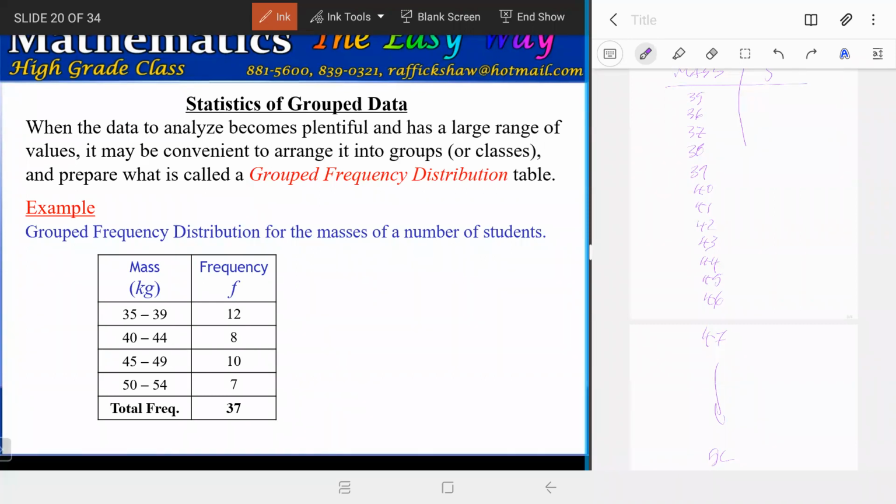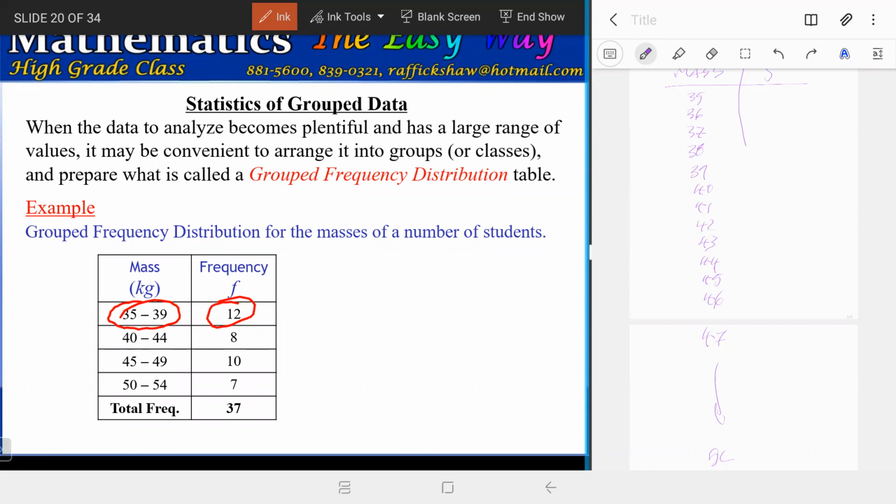That is exactly the reason. And if they ask you in CSEC, that is what you will tell them. You don't know the actual measurement of the 12 people. That is the drawback with this. They tell you it's between 35 and 39 and that you have 12 persons, but you don't know where the 12 people actually measure.